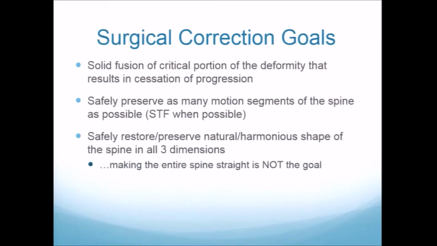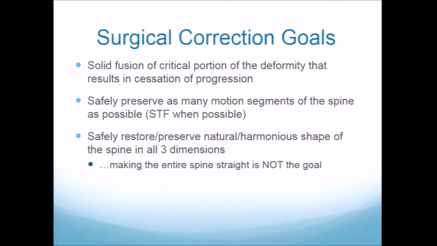So in surgical correction goals, I guess one of the primary goals is to have a solid fusion, and that's when we're talking about spinal fusion, the critical parts of the deformity. Those are the ones that are most involved in the actual deformity and not a compensatory deformity. We'd like to safely preserve as many motion segments as possible, and this is something we strive to do.